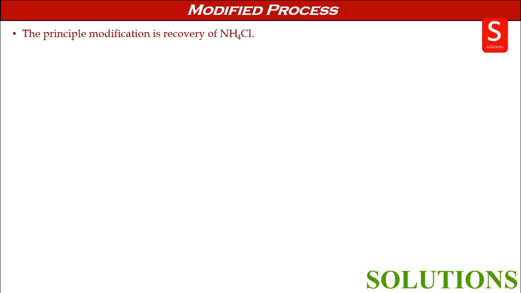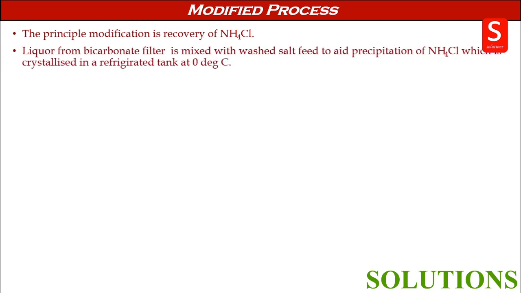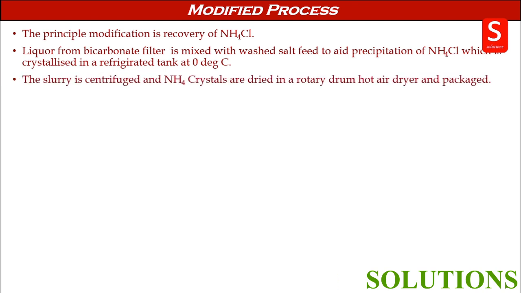The principal modification is recovery of NH4Cl. Liquor from the bicarbonate filter is mixed with washed salt feed to aid precipitation of NH4Cl, which is crystallized in a refrigerated tank at 0 degrees Celsius. The slurry is centrifuged and the NH4Cl crystals are dried in a rotary drum hot air dryer and packaged.